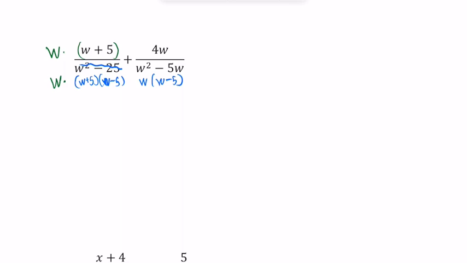The second fraction is missing the w plus 5 that's on the bottom of the first fraction. So we're going to multiply the top and bottom of that one by w plus 5. This is going to leave us with a common denominator of w times w plus 5 times w minus 5.